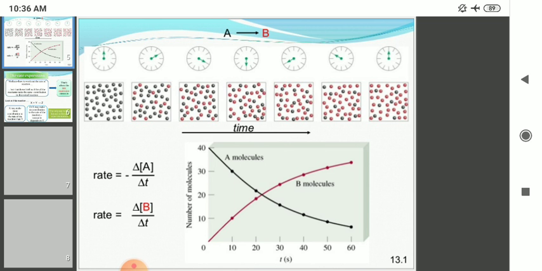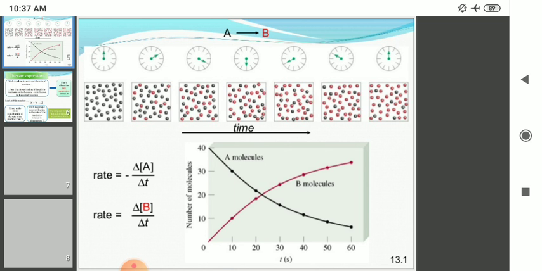Red dots are now going to increase. In the third box, the molecules of B increase, which means the concentration of B is increasing and the concentration of A is decreasing. This is the change we notice throughout the reaction.